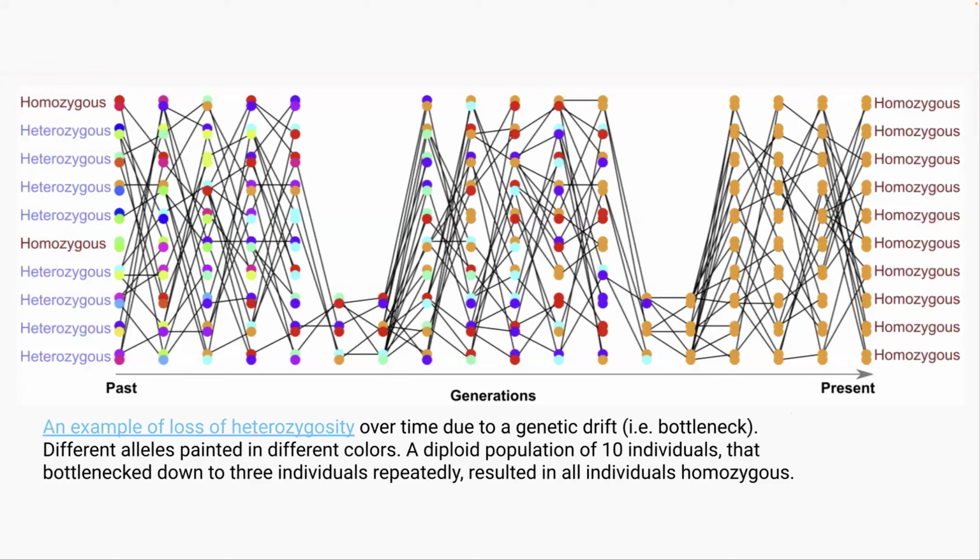Extending this idea, we can think about the flow of time. This is an example of loss of heterozygosity. This is a very old time, and this is tens of humans. In the very early initial phase, we have a mix of genotypes: some people are homozygous, some heterozygous, very different heterozygosity at the time.